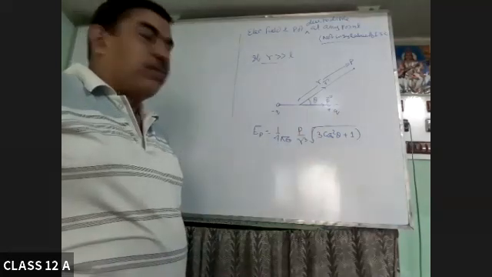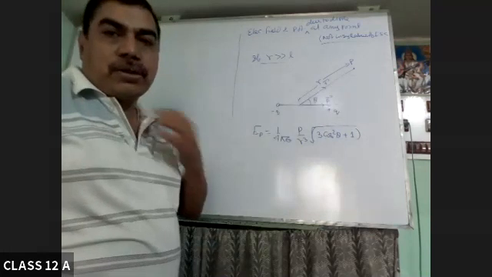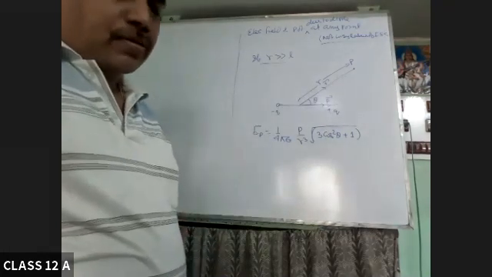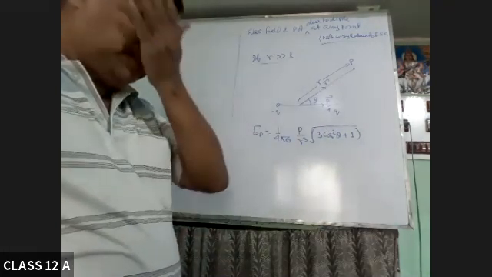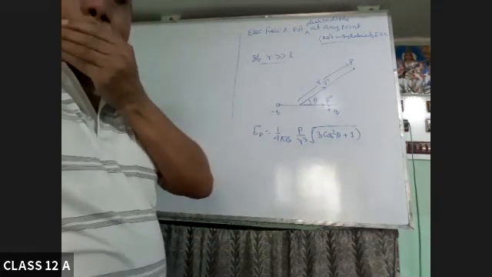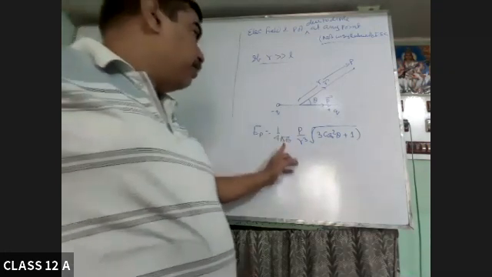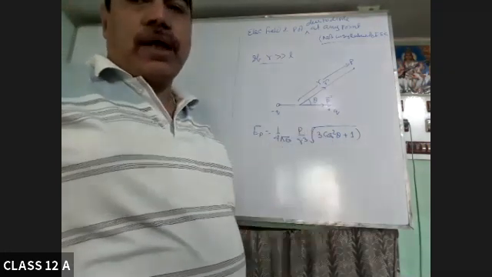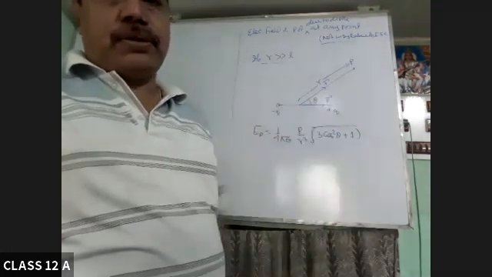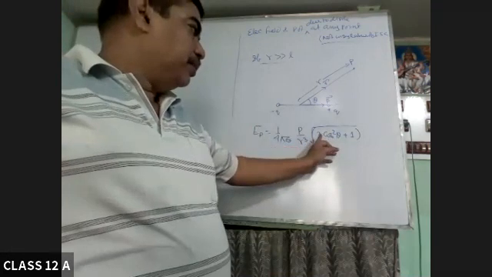What was the formula for electric field intensity at any point on the axis of the dipole? It was 1 by 4 pi epsilon naught twice P over R cube, when R is much greater than L. So if theta is 0, what will come?